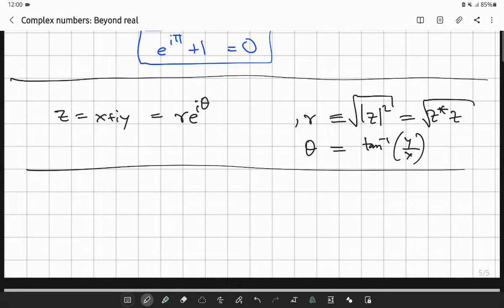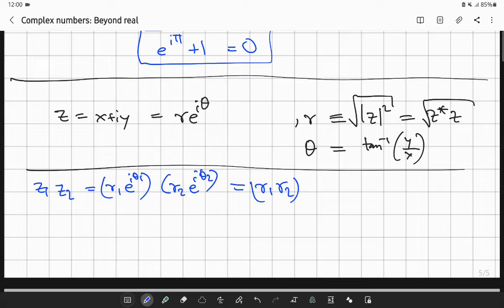So what's going on in the graph itself when I do z1 z2? Suppose z1 was r1 e raised to i theta 1, and z2 was r2 e raised to i theta 2. This is in the polar form. So what will I get? I'll get r1 r2 e raised to i theta 1 plus theta 2.